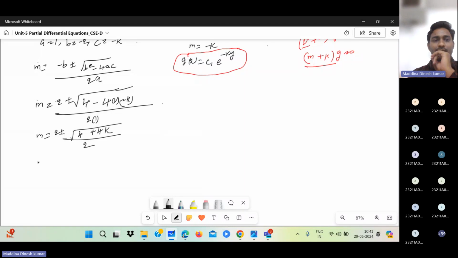So finally you will get 1 plus or minus square root of 1 plus k. That means the m roots are 1 minus square root of 1 plus k comma 1 plus square root of 1 plus k.